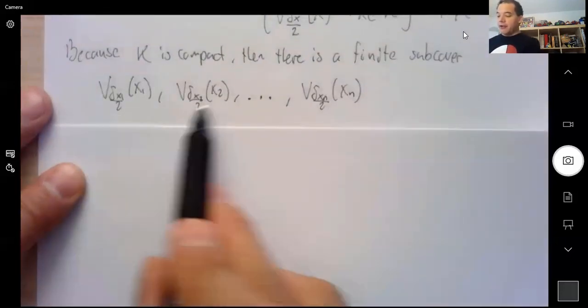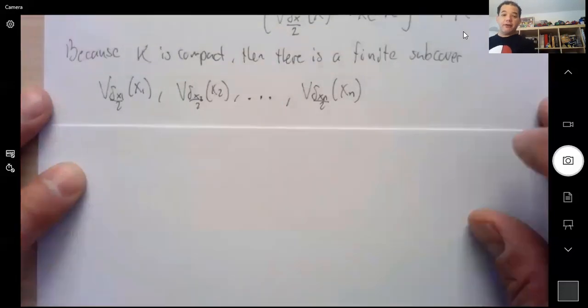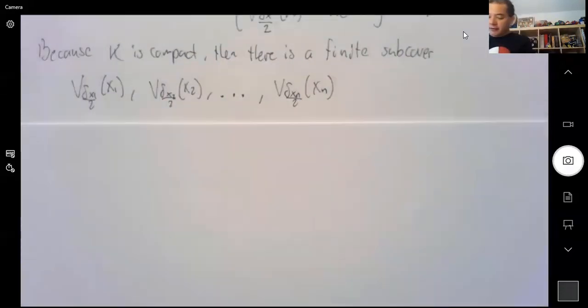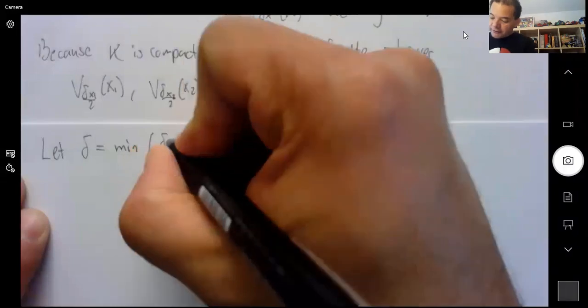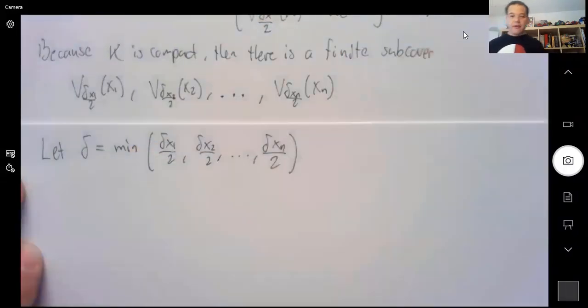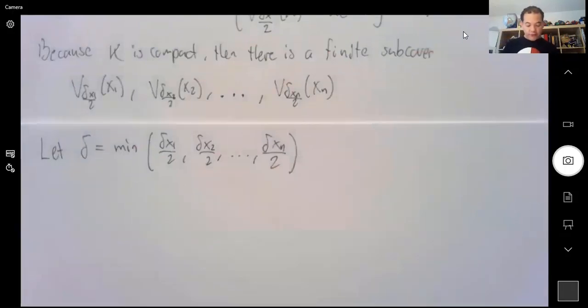Now we have finitely many of them, so we can consider the minimum, and that's how we're going to proceed. So we're going to make delta the minimum of all of these little ones, okay? And we claim that this one works. All we need to do now is show that this delta gives us the property we need.